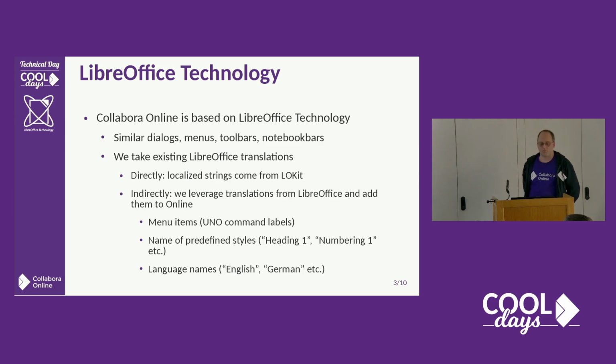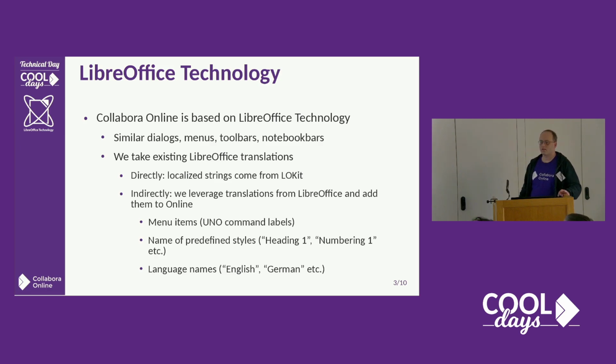For example, there are a lot of strings that never change, such as the names of predefined styles like heading 1, heading 2, and so on, numbering, language names, or some status bar messages.